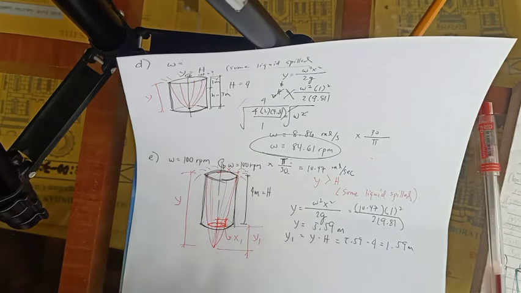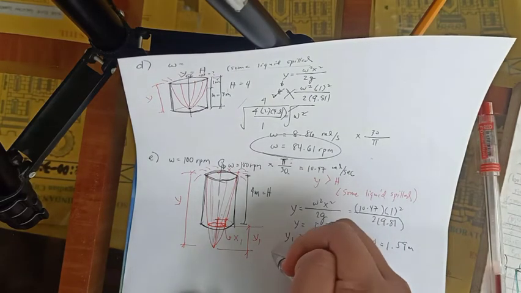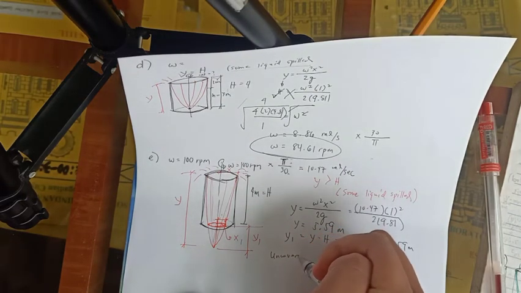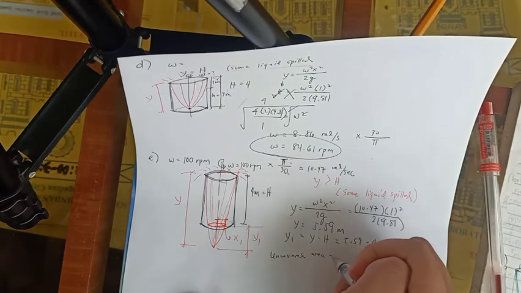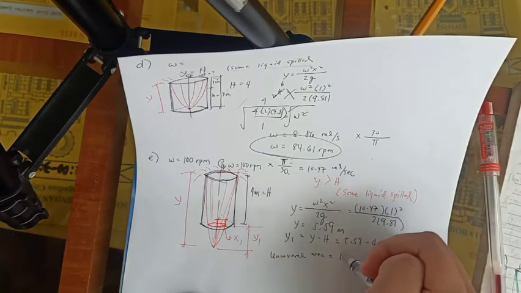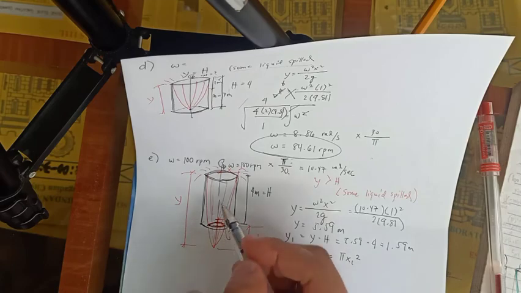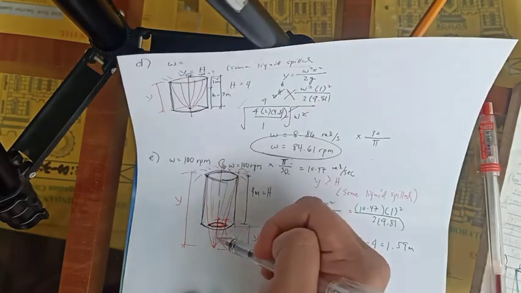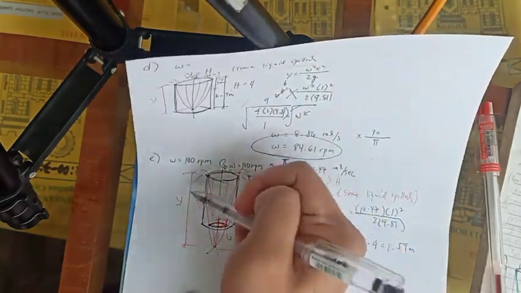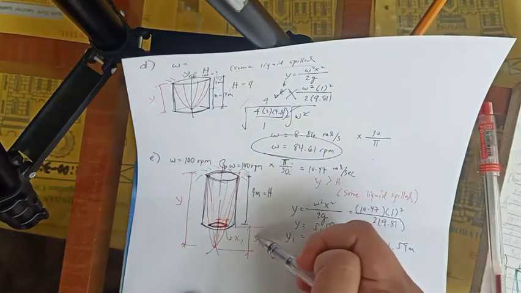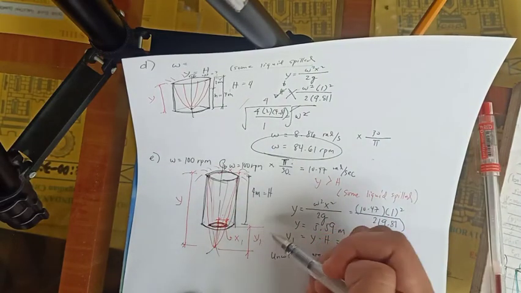So to get the uncovered area, which has the area of pi x sub 1 squared. Again, there are two parabolas. The first one is as a whole with y as the depth, and the second one is the y sub 1.